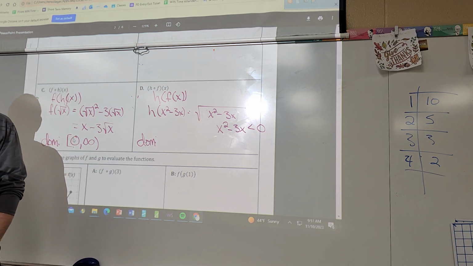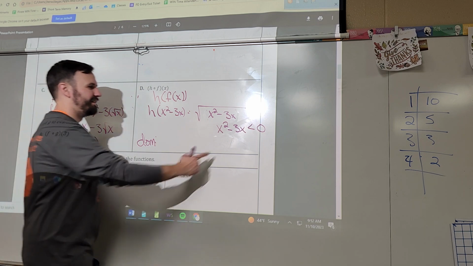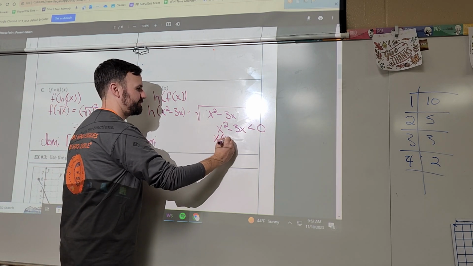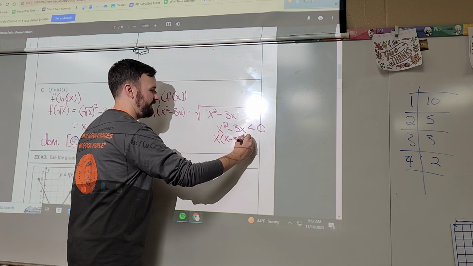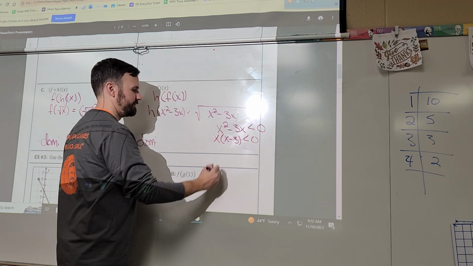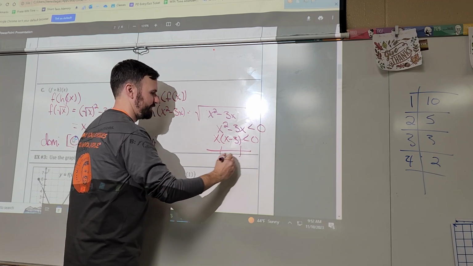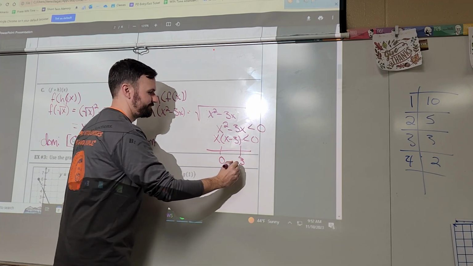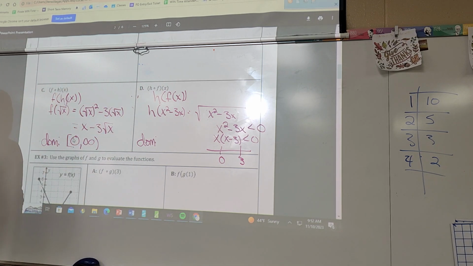Do you guys remember how to solve that from Unit 1? I'm going to factor it, right? Do y'all agree on that? Do you guys remember this thing? When is this less than 0?